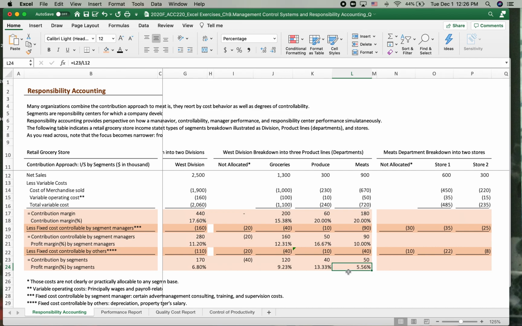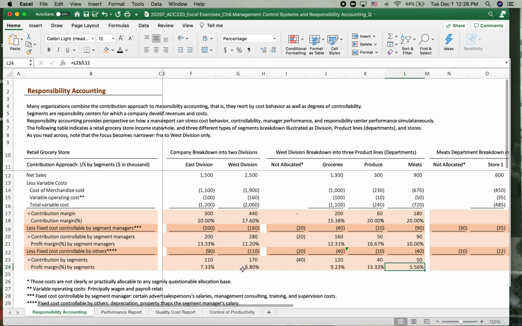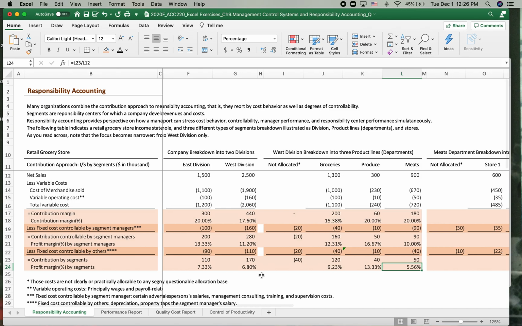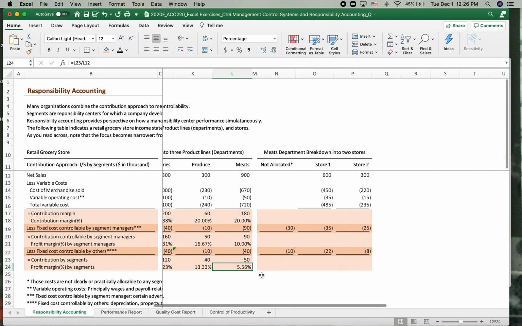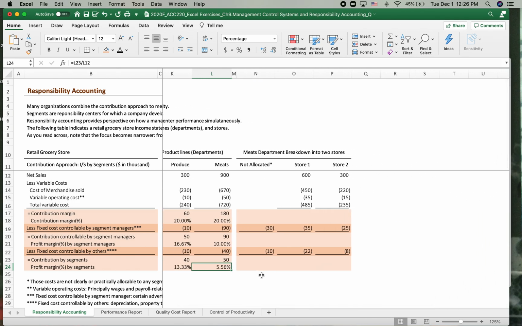The profit margin by segment has some responsibility for the lower West division profit margin by segment than the East division. Then we can also break down the meats department into two stores. The meats department has two stores with 600 net sales and 300 net sales. So we want to see which store has a problem.